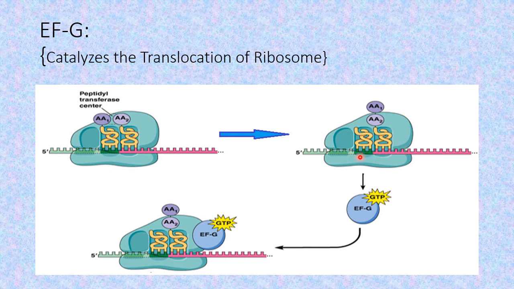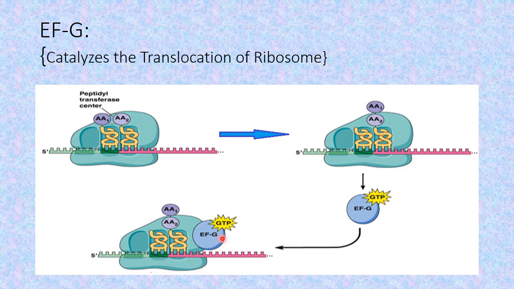So this is made possible by the translocation of this ribosome along this messenger RNA in the 5' to 3' direction, and that too a single codon at a time. This translocation is brought about by another elongation factor, the elongation factor G. For the translocation also energy is required, and here also the energy currency is the GTP molecule, and this elongation factor G is again a GTPase protein.